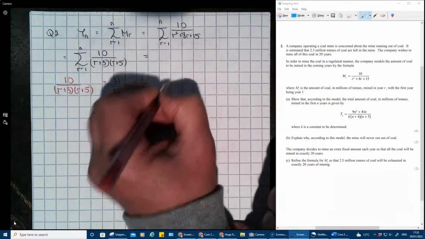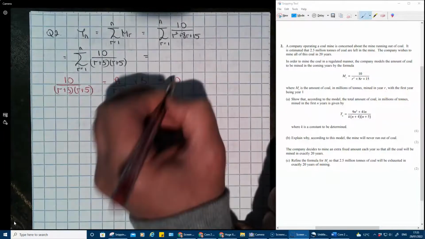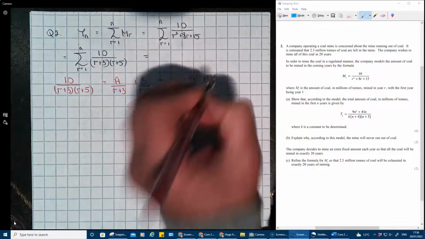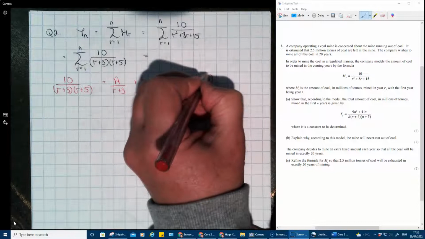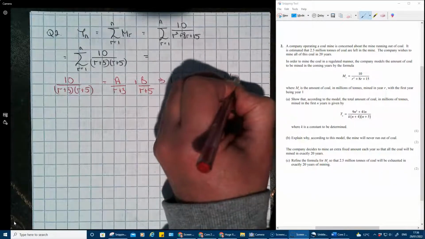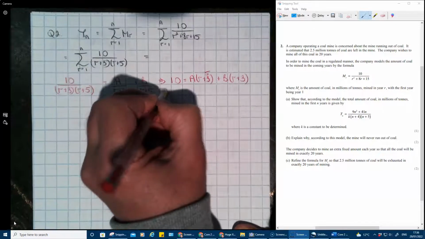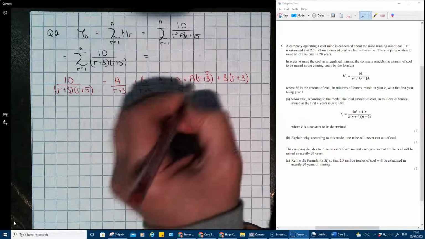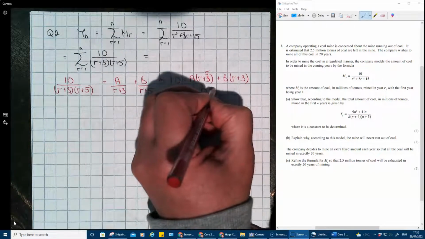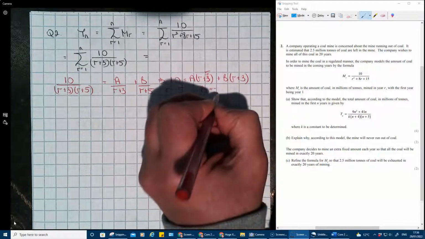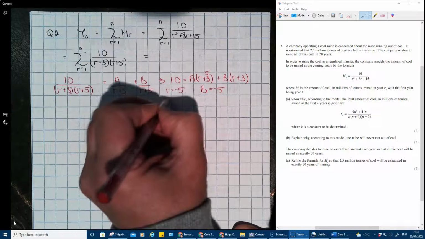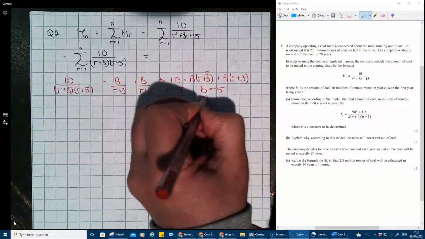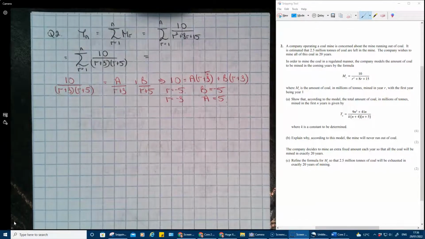So we know that 10 is A(R plus 5) plus B(R plus 3). And R equals minus 5 gives minus 2B is 10, gives B is minus 5. And R equals minus 3, sorry, gives 2A is 10, gives A equals 5.